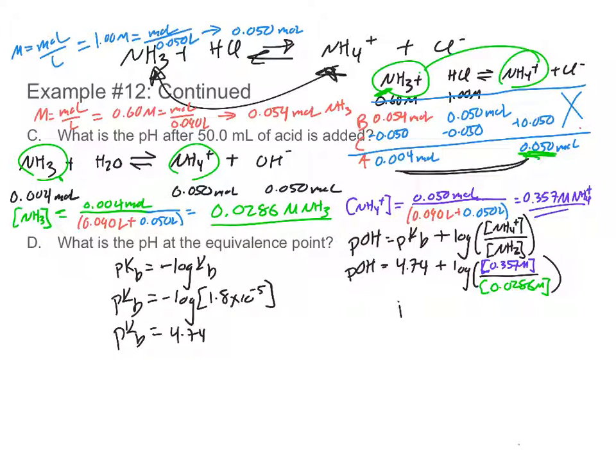So when all is said and done, I get a pOH equal to 5.84 and a pH equal to 8.16.